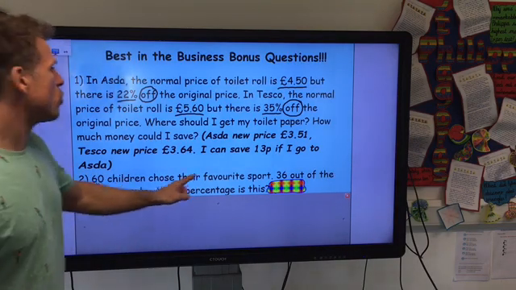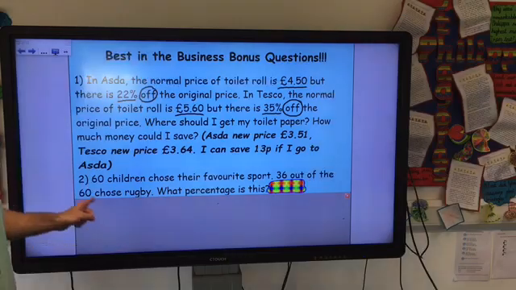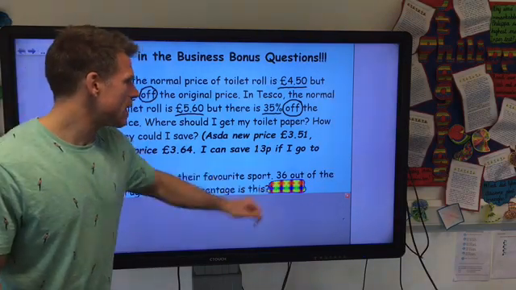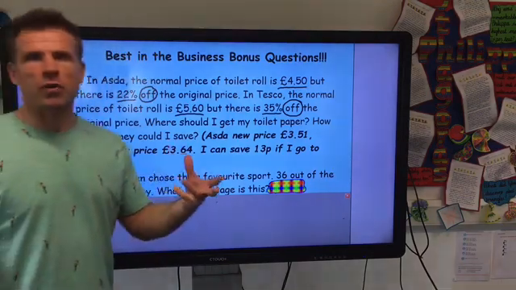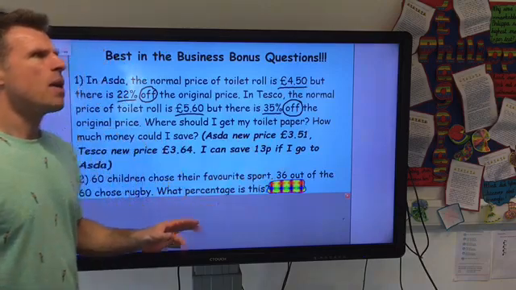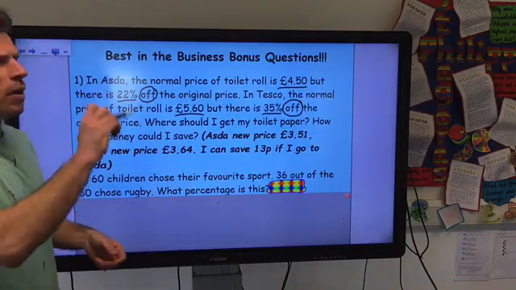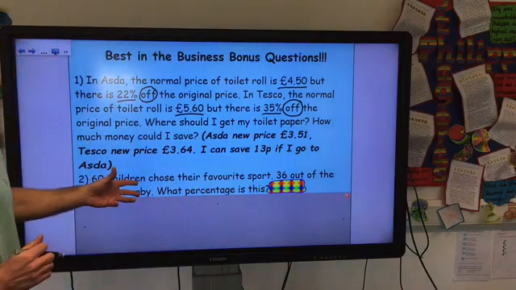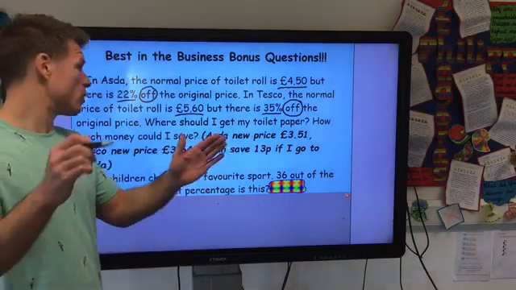So, 60 children chose their favourite sport. 36 out of 60 chose rugby. What percentage is this? So you probably started off by thinking about, right, 36 out of 60 is a fraction, 36 60ths. But then you can't multiply that up into 100 to go into a percentage, because 60 doesn't go into 100, nor does 36.